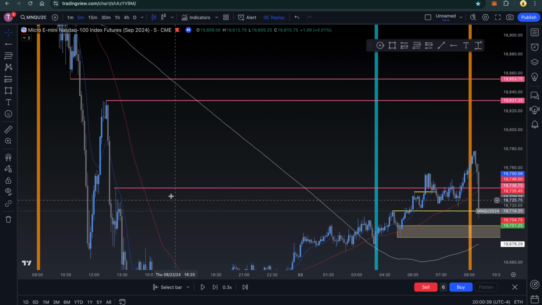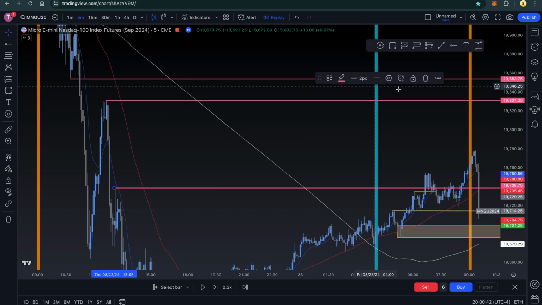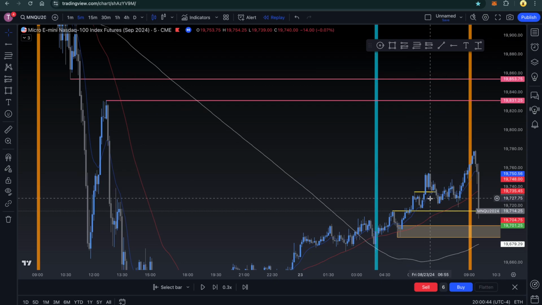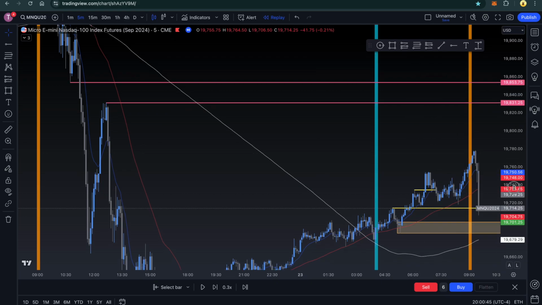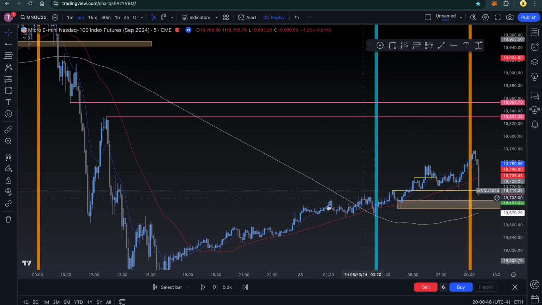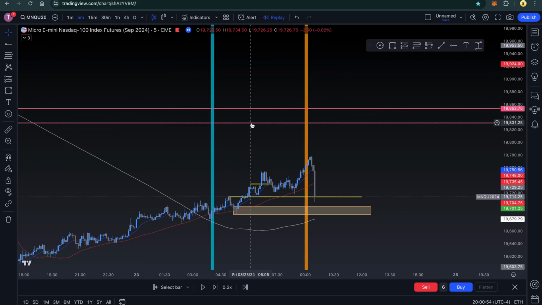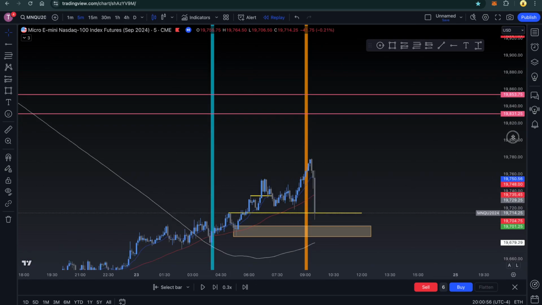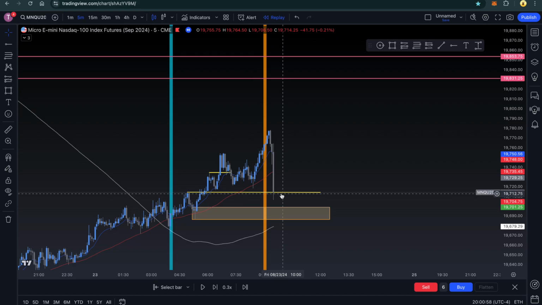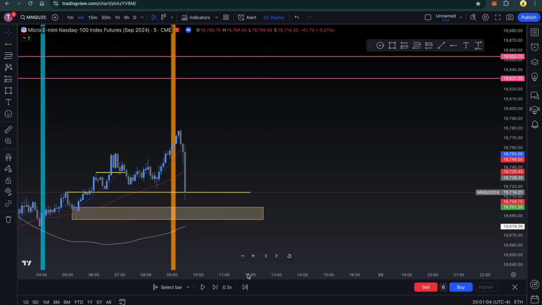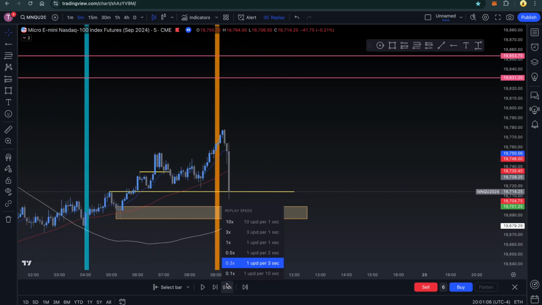I'm going to get rid of that because that happened before I even got out of bed and looked at the charts. So I know that price has to come up and hit this pink line. This is my target right here. This is my first target. Price is going to hit this line, which it just did, and now it needs to come and hit this pink line.